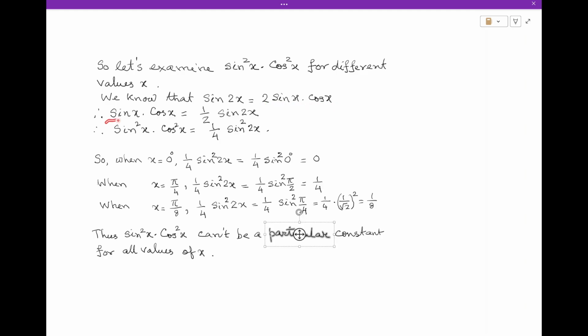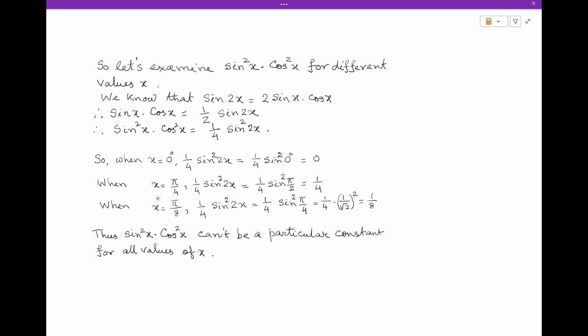Therefore, sin x multiplied by cos x is equal to half sin 2x, or sin square x multiplied by cos square x is equal to 1 by 4 sin square 2x. Therefore, when x is equal to 0, 1 by 4 sin square 2x is equal to 1 by 4 sin square 0 degree, which is 0, because sin 0 degree is 0.